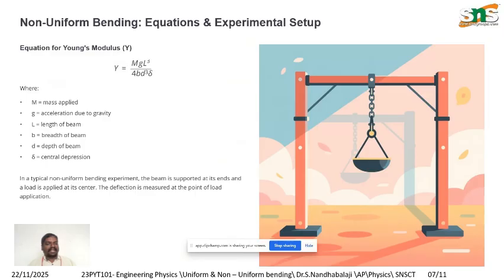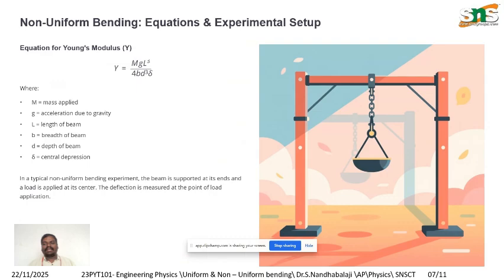Record deflections: for uniform bending, record deflection at two points; for non-uniform, record central depression. Apply load incrementally: place a known weight onto the loading pan and record the corresponding deflection using a spherometer or traveling microscope.